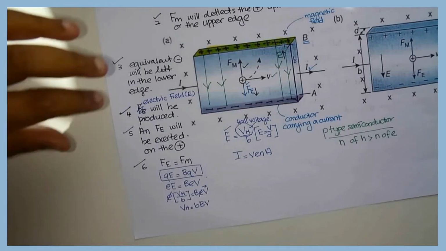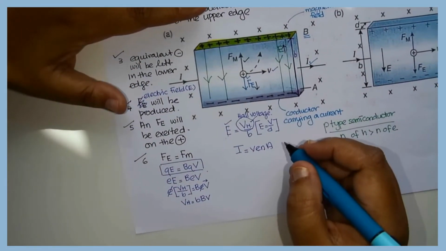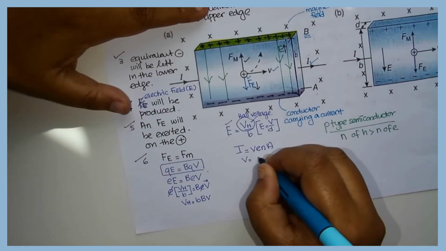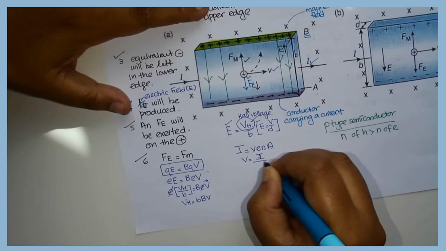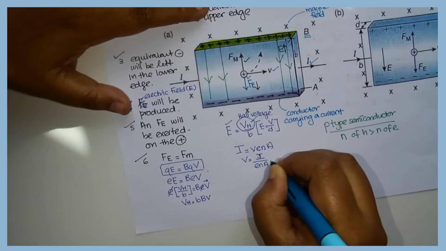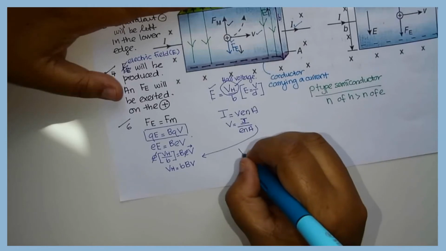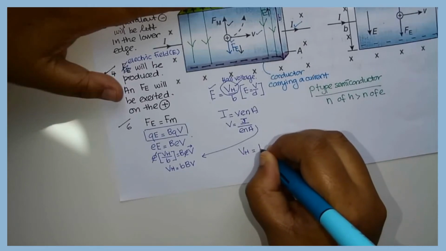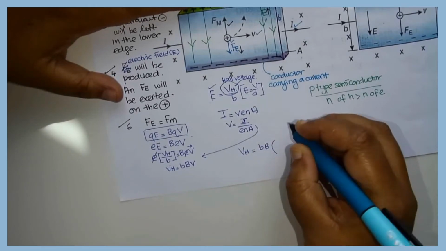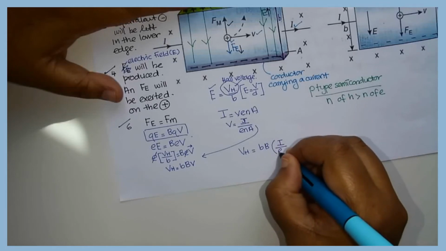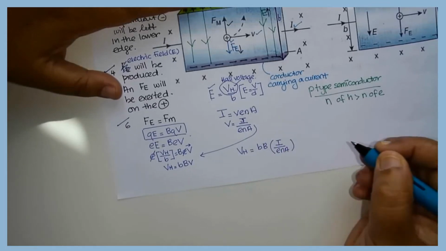So we substitute v equals I over n e A inside here, and we get VH equals B times I over n e A.